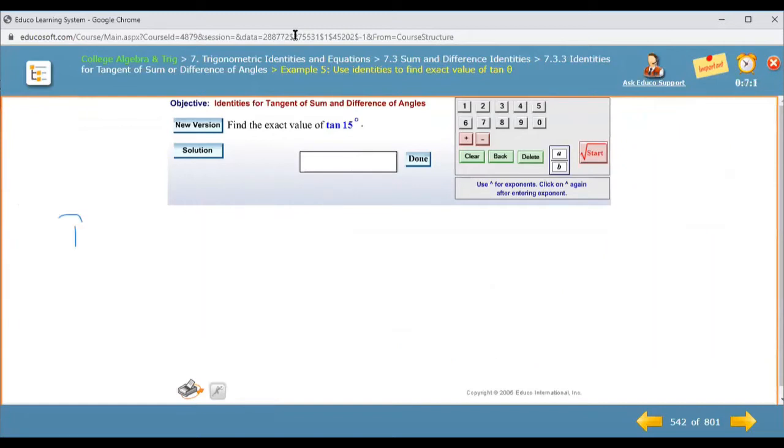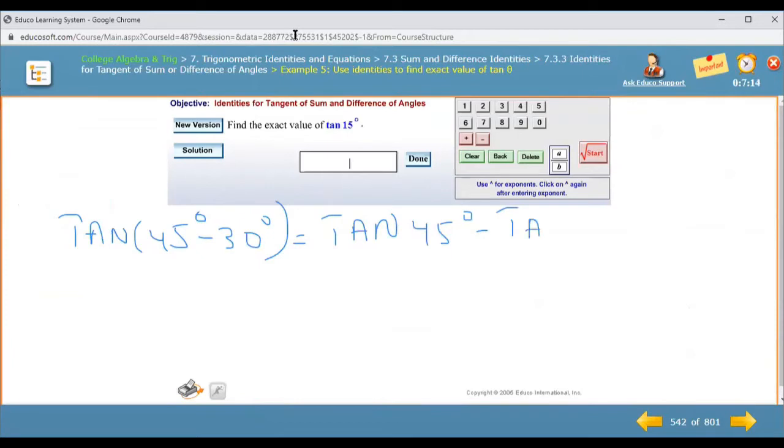Now tangent 45 minus 30 degrees will give you, according to the formula, tangent 45 minus tangent 30 divided by 1 plus tangent 45 tangent 30.